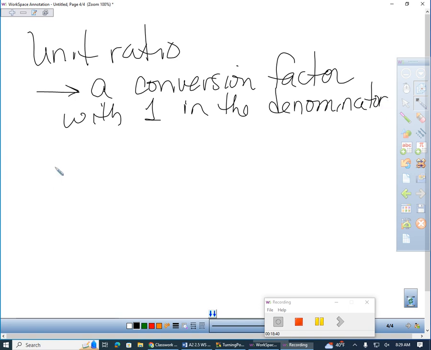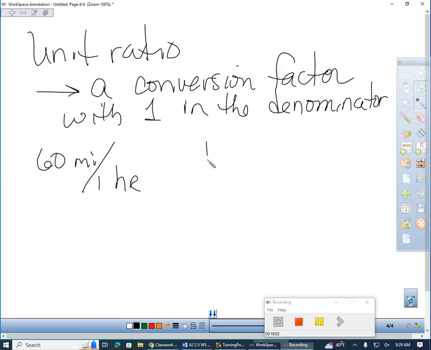Some examples, try that again. Some examples are 60 miles in 1 hour. That's a unit ratio.